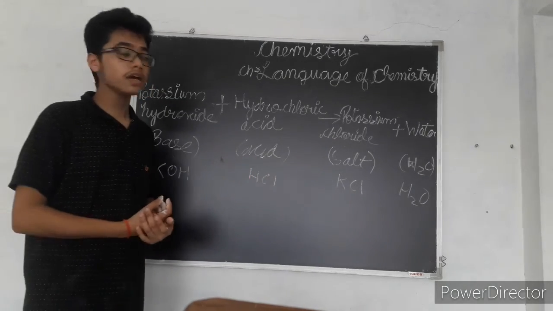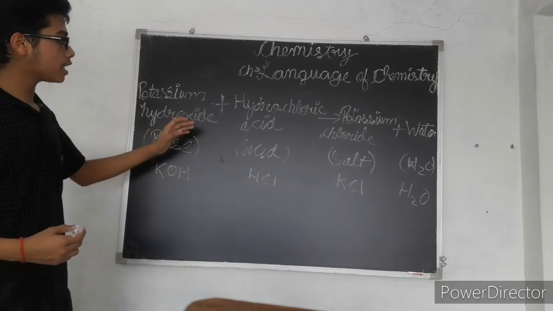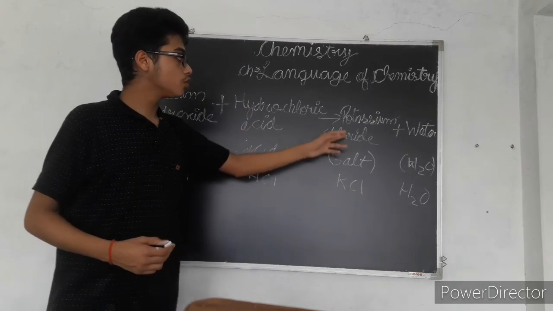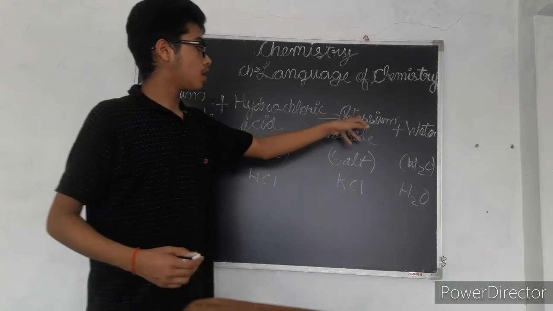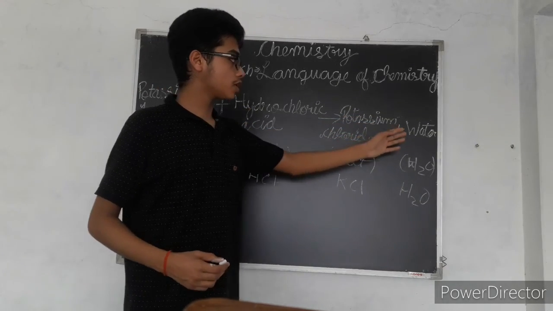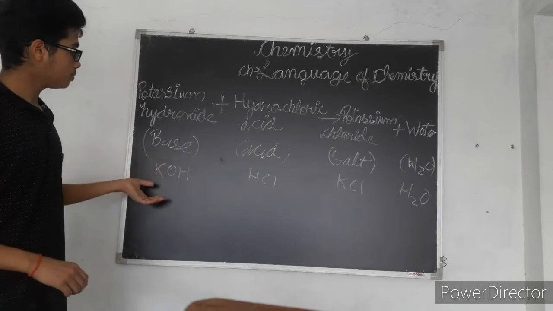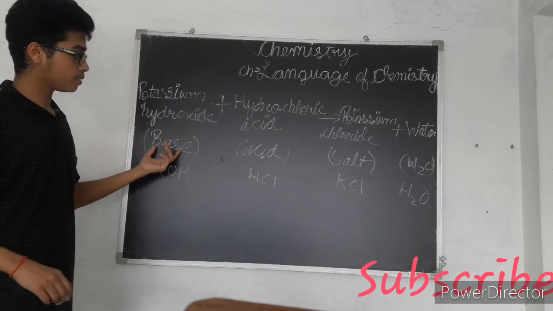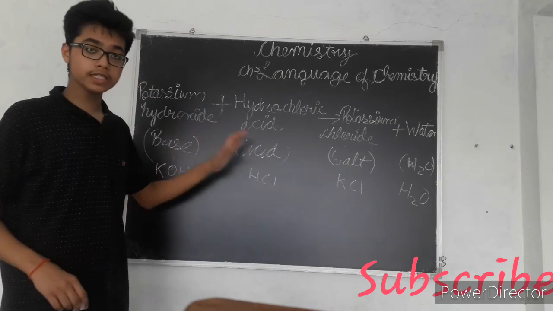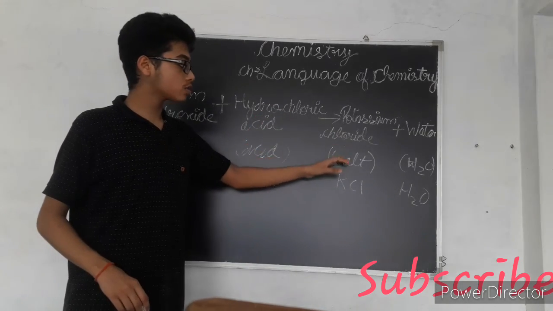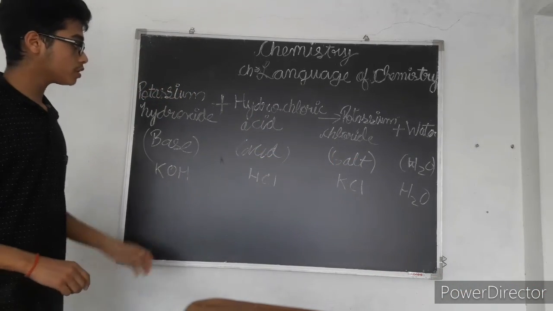So let's quickly revise. Potassium hydroxide reacts with hydrochloric acid to form salt, which is potassium chloride, and water, which is H2O. This is the base, this is the acid. When base and acid react, neutralization occurs and salt and water are formed.